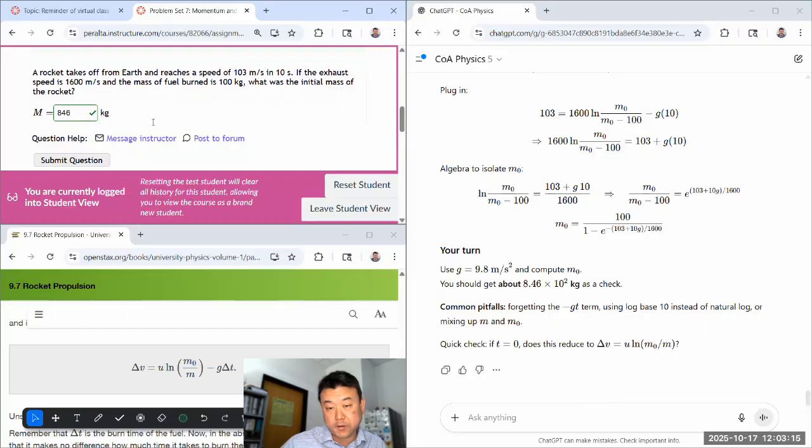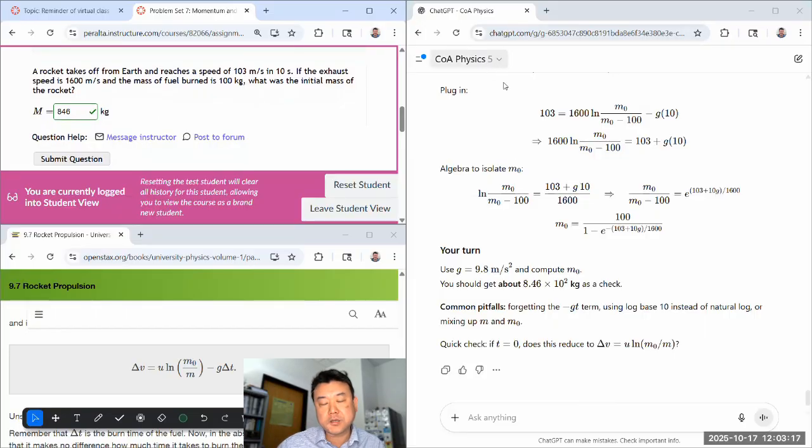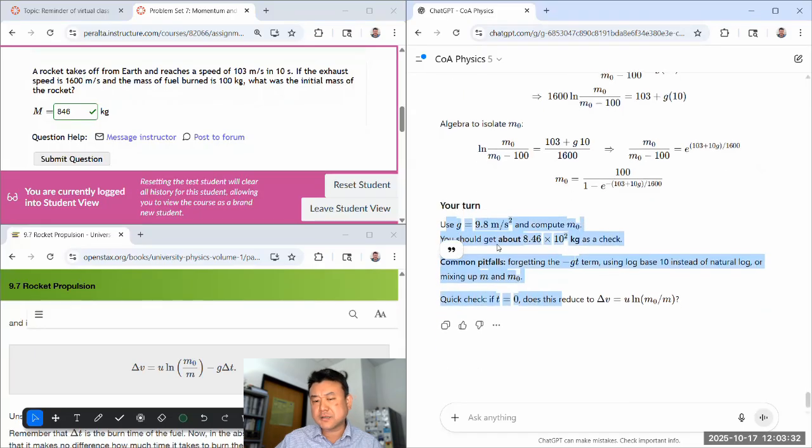But this is the kind of defect that someone who's carefully using ChatGPT as a tutor can compensate for. When it gives you the final answer, don't be satisfied with that. Ask it additional questions. Try to make sure you understand the process it's given you.